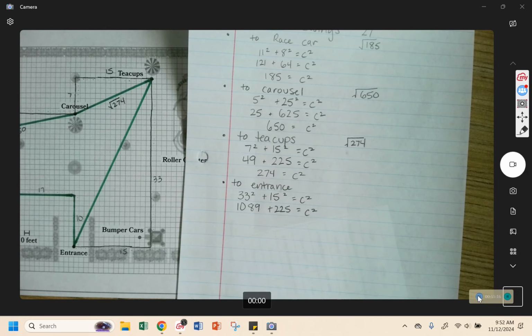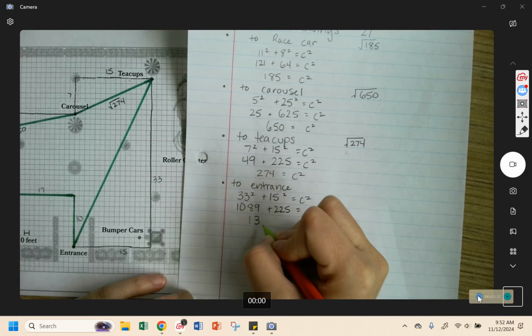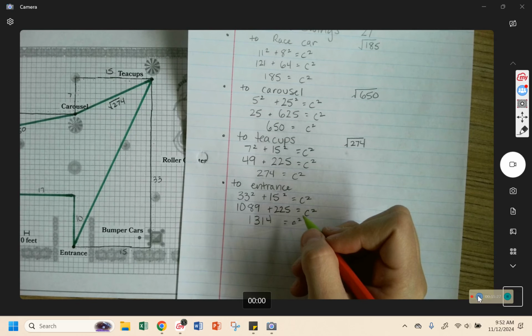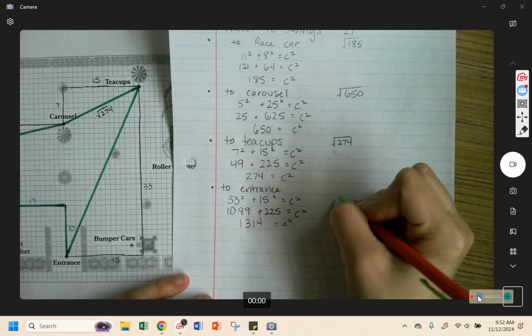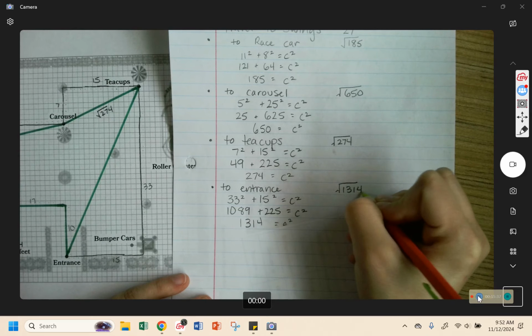So we'll add those together, which is 1,314. My guess is that's not a perfect square. So that would be the square root of 1,314.